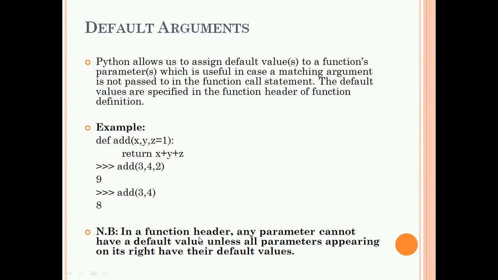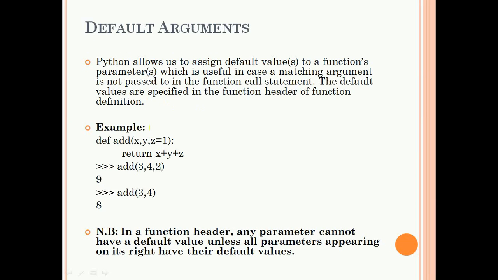In a function header, any parameter cannot have a default value unless all parameters appearing on its right have their default values. That means we cannot define x equal to 1, y, z equal to 1.